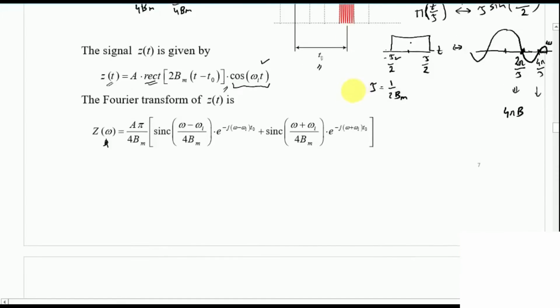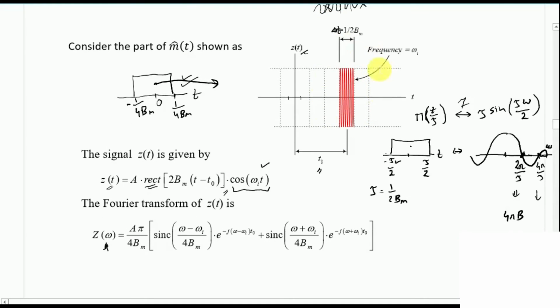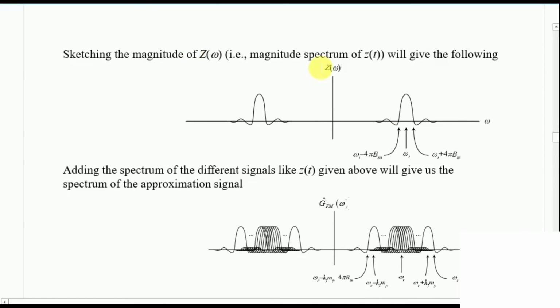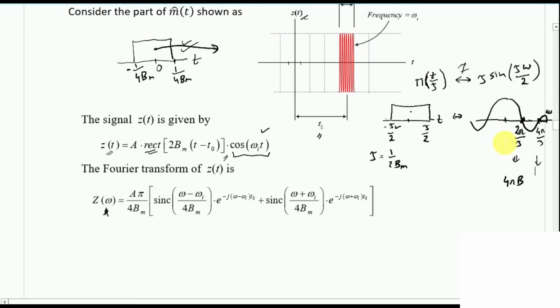For this particular gated cos function, we would have z of omega, which is centered at omega i, and the first lobe over here would terminate at omega i plus 4 pi bm, right?